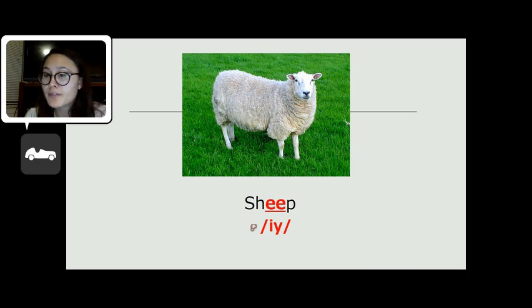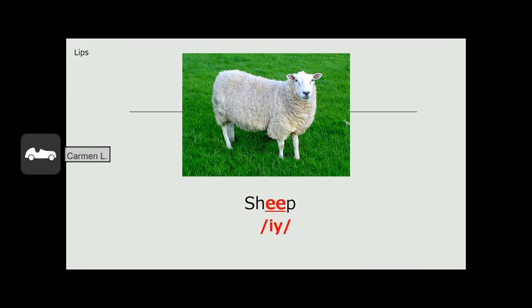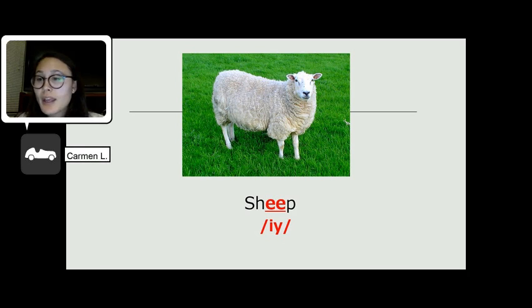So, can you repeat after me? E, E. Now let's look at exactly how we pronounce this sound. As I mentioned before, the E sound is in the word sheep.